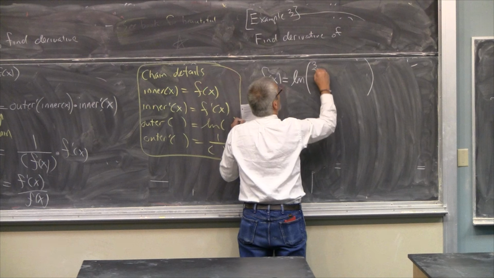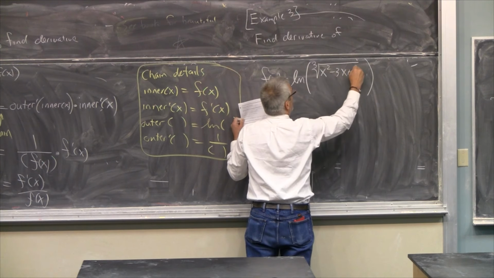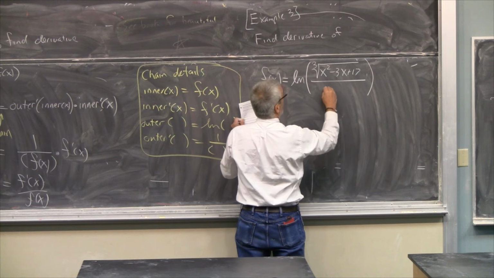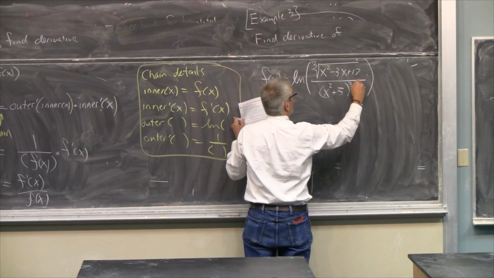The cube root of x squared minus 3x plus 17 divided by, gets worse, x squared plus 5 to the 3/5.